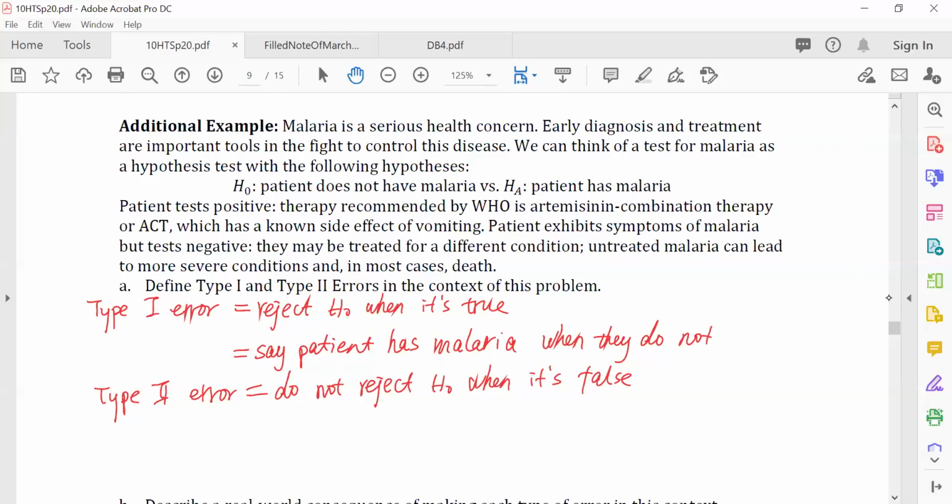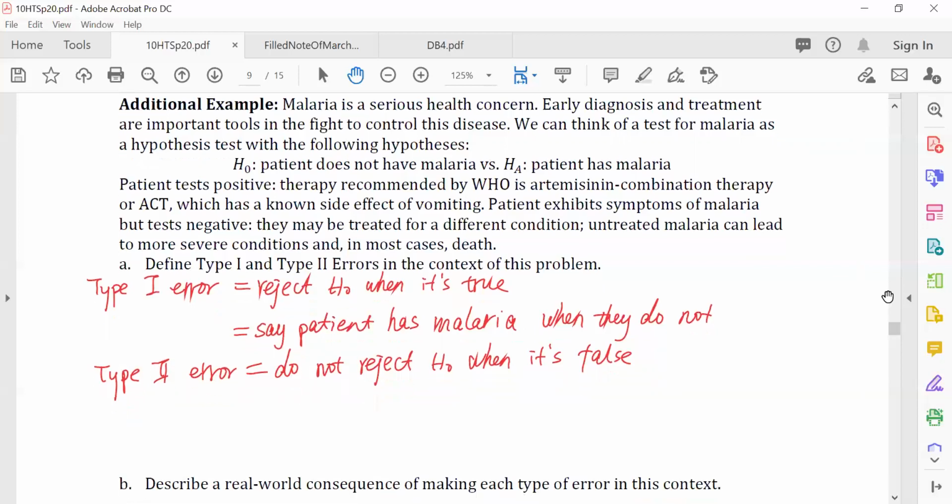So H null is actually false, which means HA is correct. The patient does have malaria, but we do not reject H null. We are in favor of H null. We are saying the patient does not have malaria, but in fact they do.